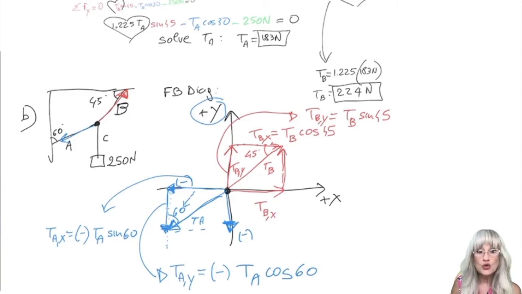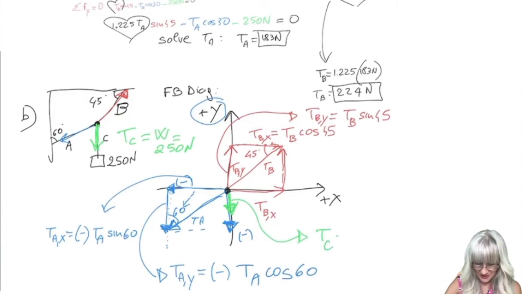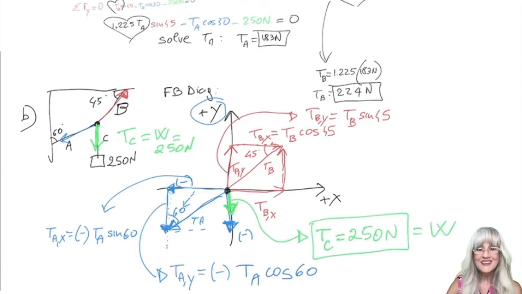Now there is also another one in green here, the tension in cable C, which is the weight, which is again 250 Newton. I'm going to put it right here in green, and that is T of C, which I already computed, 250 Newton, frame it, which is the weight given by the problem.